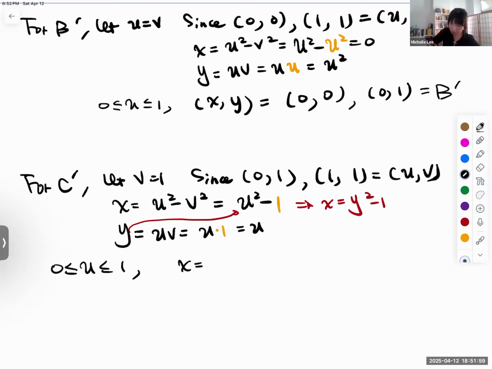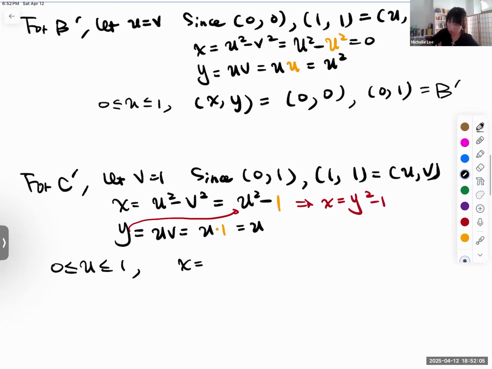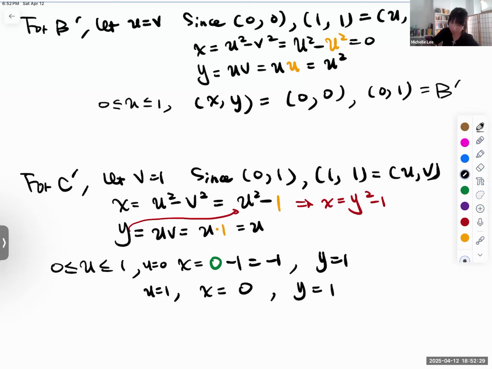Then X, when U equal to 0, is negative 1, right? We knew that, so I don't have to show that. 0, minus 1, minus 1. And Y equal to 0, right? When U equal to 1, X equal to 0, Y equal to 1, right?